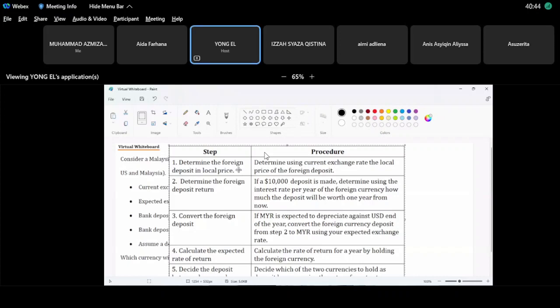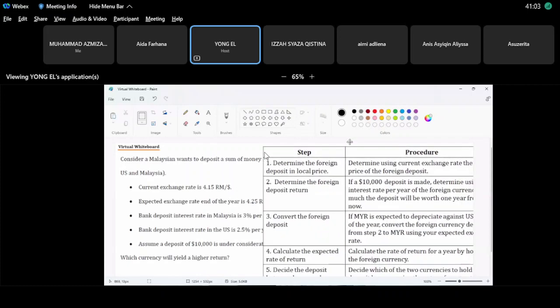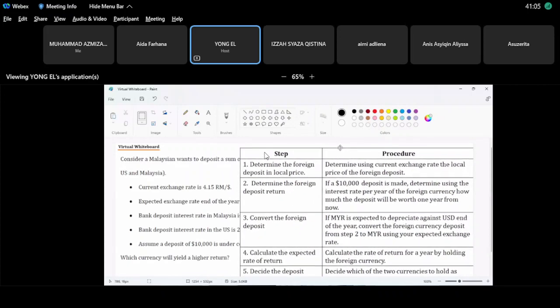Once you get the foreign currency, you can deposit it in a foreign bank account. So we need to understand the current exchange rate, the local price of the foreign deposit. In this exercise, the current exchange rate is 4 ringgit and 15 cents, as in the first bullet point on the left side.